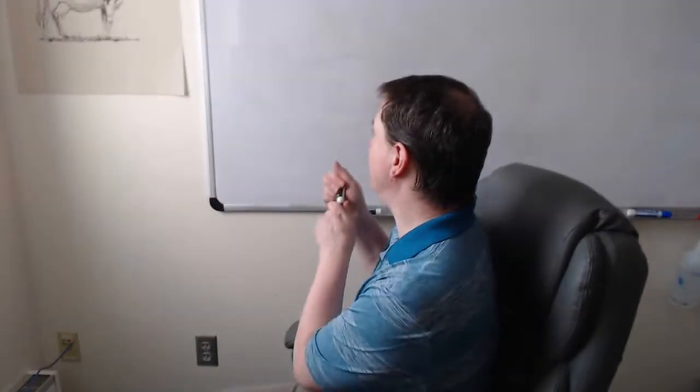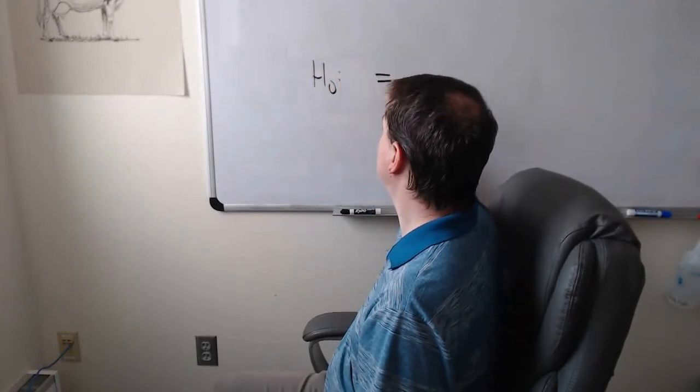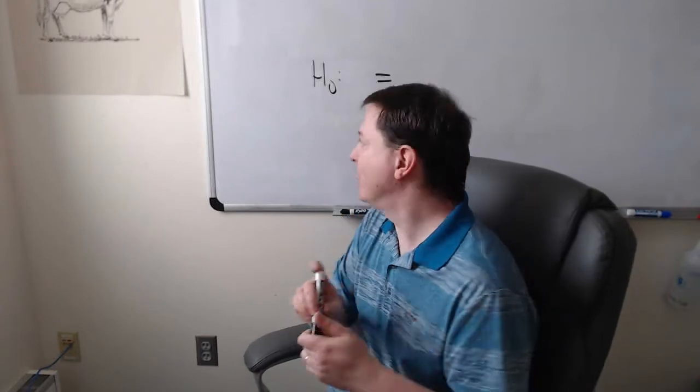The null hypothesis is going to be about the value of some parameter, and I need to assume that thing is true. In order to actually do any calculations with it, I need to assume some parameter is some value. In other words, I need an equal sign in that null hypothesis. That's the only real mathematical symbol that I should be using there.